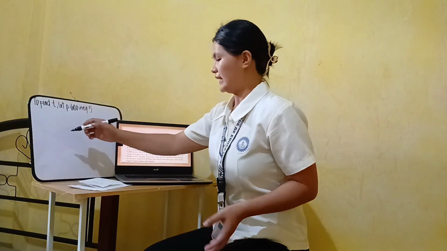So after calculating equation 5, let's proceed to find the value of t. So to find t, let p is equal to 600 in equation 5. So what is our equation 5? That is 2p plus 6t is equal to 8,400.